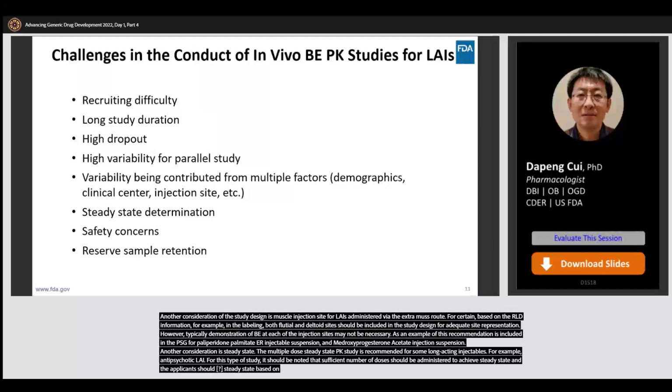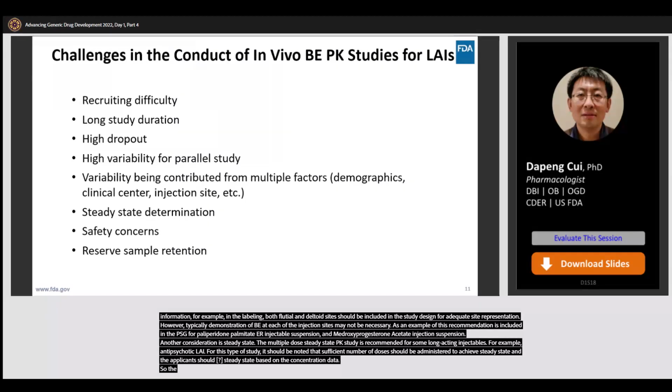So the complexity of the long-acting injectable formulation, the release characteristics, and the specific BE recommendations pose many challenges in the conduct of PK BE studies for this group of products.